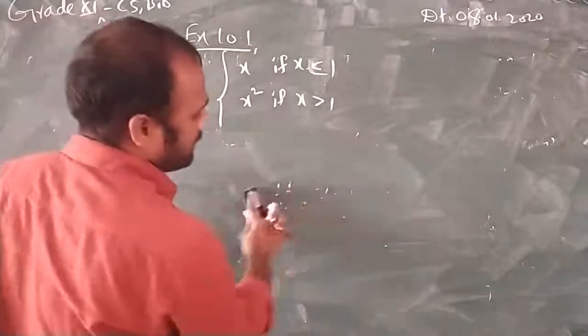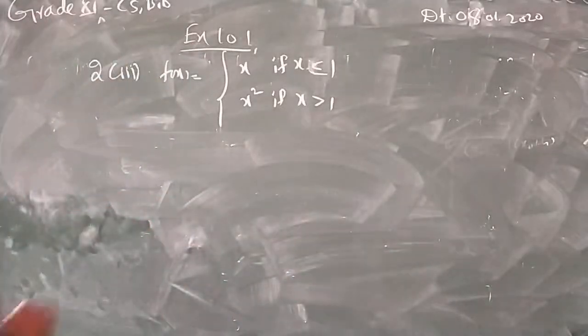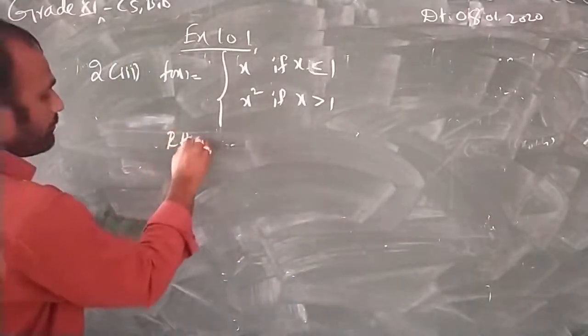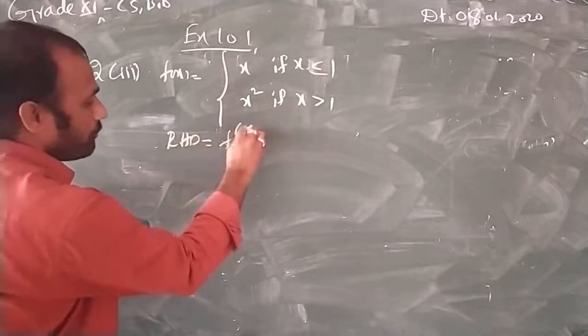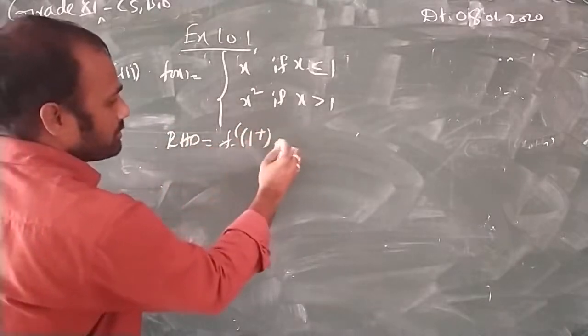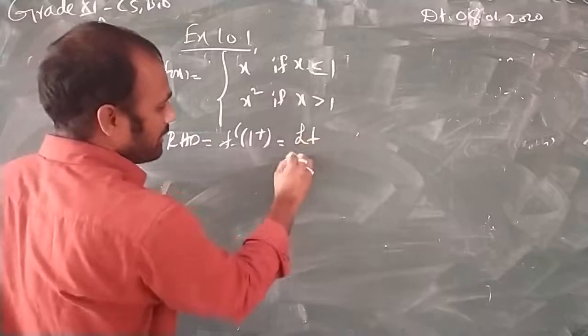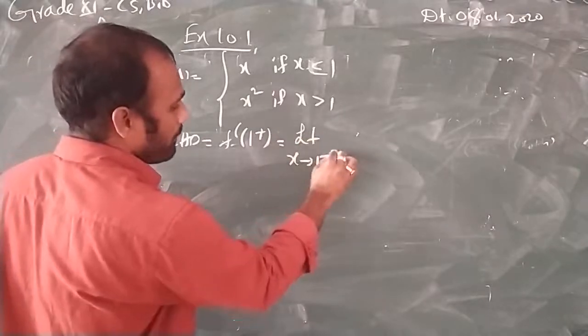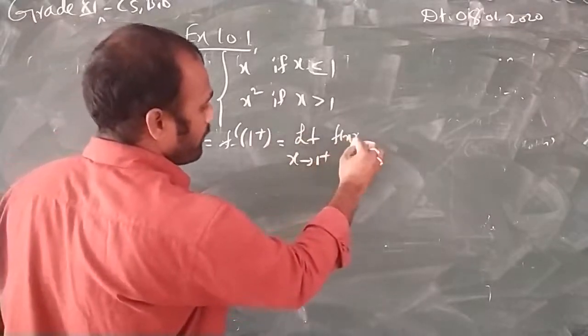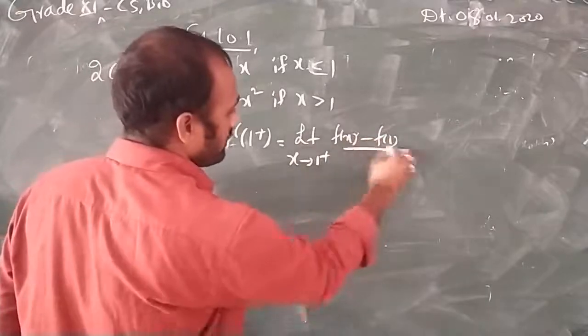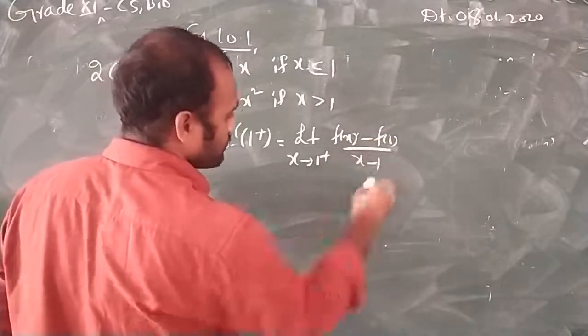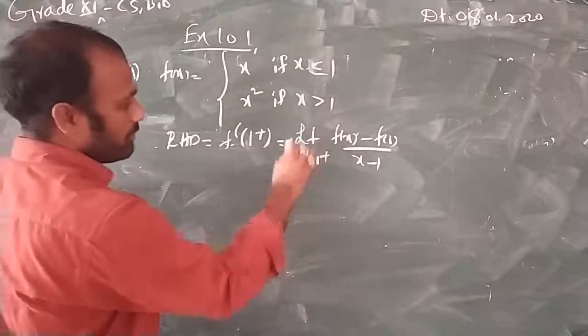Next, let me do the right hand derivative, that is f dash of 1 plus. So that can be given as limit x tends to 1 plus f of x minus f of 1 divided by x minus 1. So here I need to take more than 1.